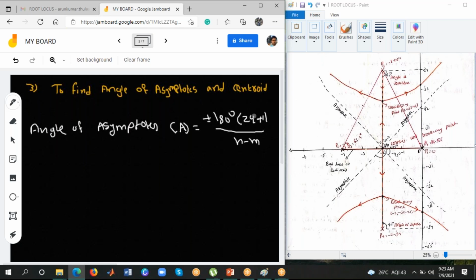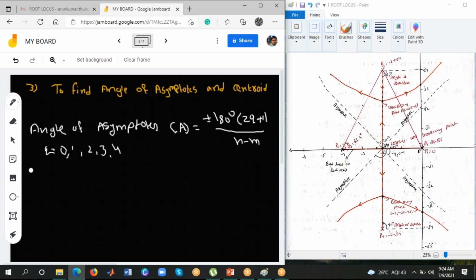Here we take q values up to 4, that is 0, 1, 2, 3 and 4. So we have to consider these values.